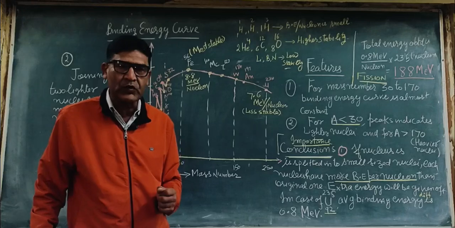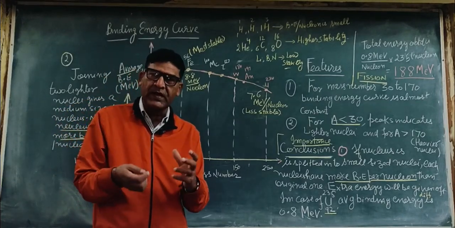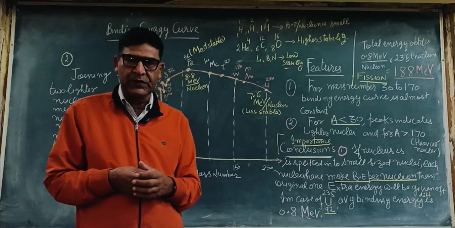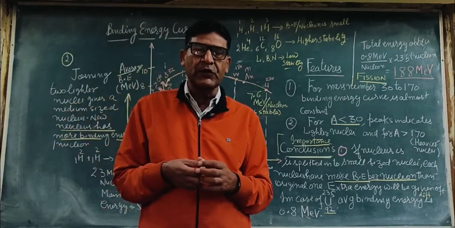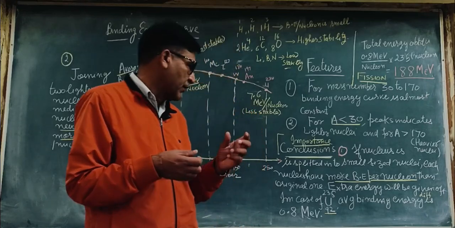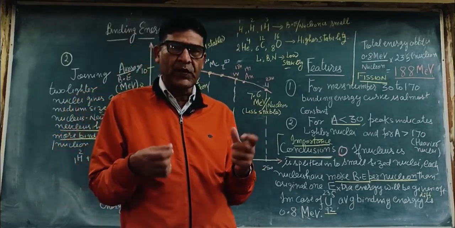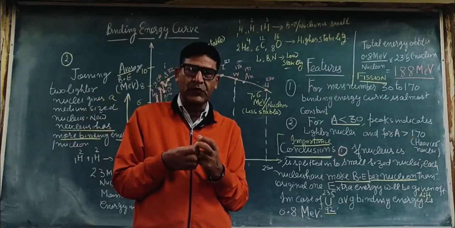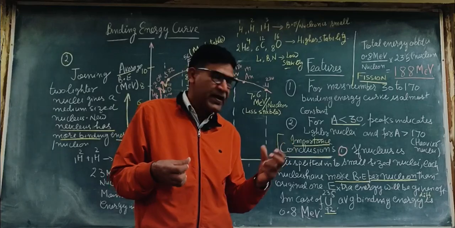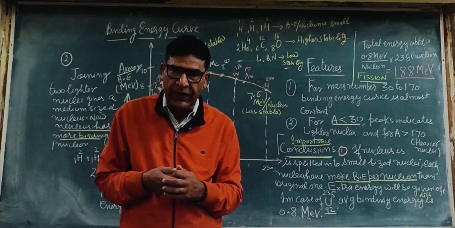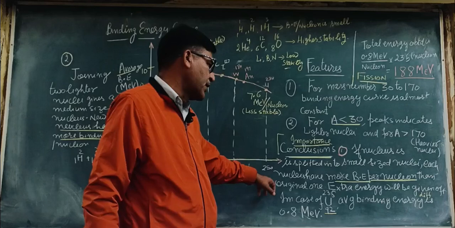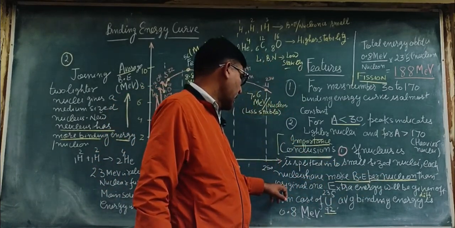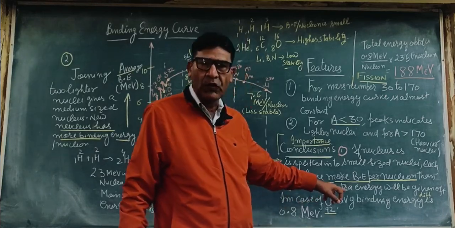For example, in the case of uranium, if somehow by the bombardment of thermal neutrons we split the uranium 235 nucleus, then what will happen? We will get two medium sized nuclei, and look at it very carefully, the binding energy per nucleon will be more than the original one.